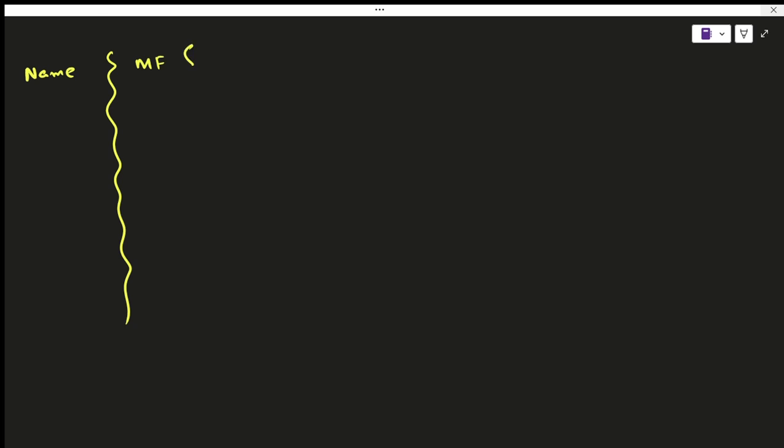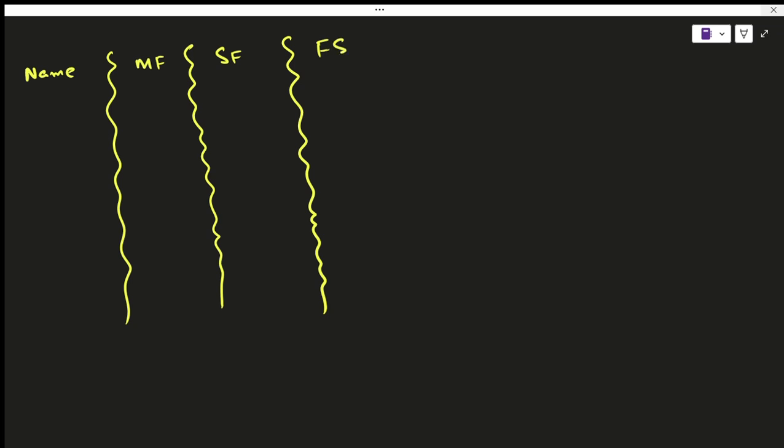Then we had the structural formula, and then we had the full structural formula, right? And what was the pattern that we were following? We were using the full structural formula to figure out the structural formula, right? This is what we did for alkanes and alkenes. So let's now look at how we're going to figure this out at this stage, right?